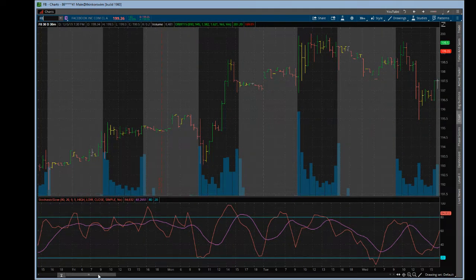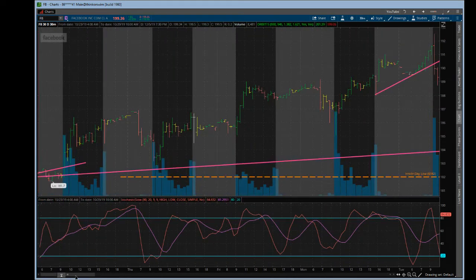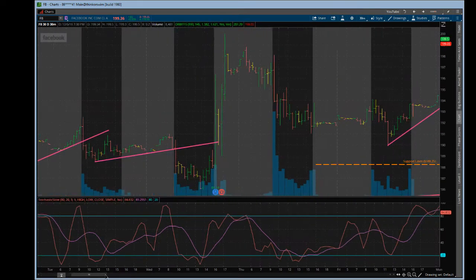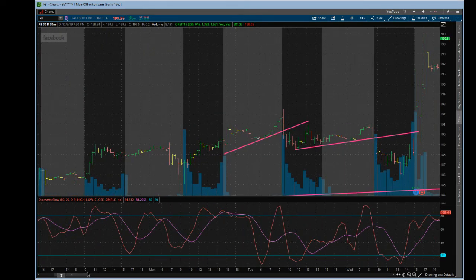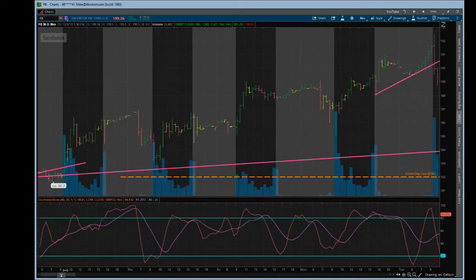Okay, so let's see. Facebook, may have even had the stuff still on it. One second. Yep. Okay, so this is a pretty good example right here. So here, no, I had the higher low on that one.